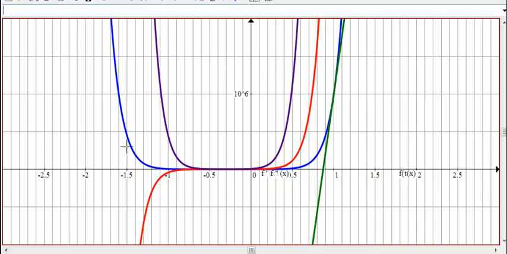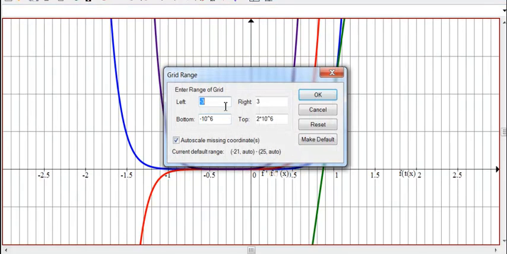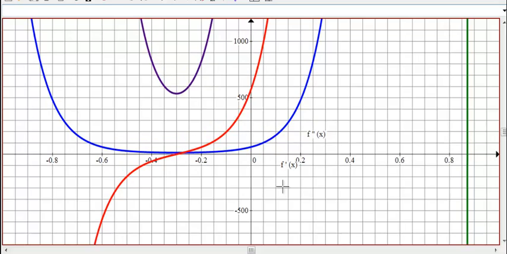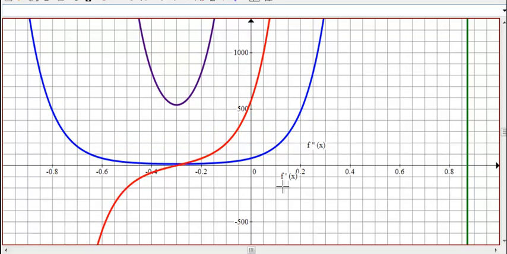But let's maybe leave the x's alone, or maybe even come in a little bit, mainly between -1 and 1, and look at what happens there, but come in quite a bit on the y's, -1,000 to 1,000. Yeah, we can see a little more detail there of some interesting things.